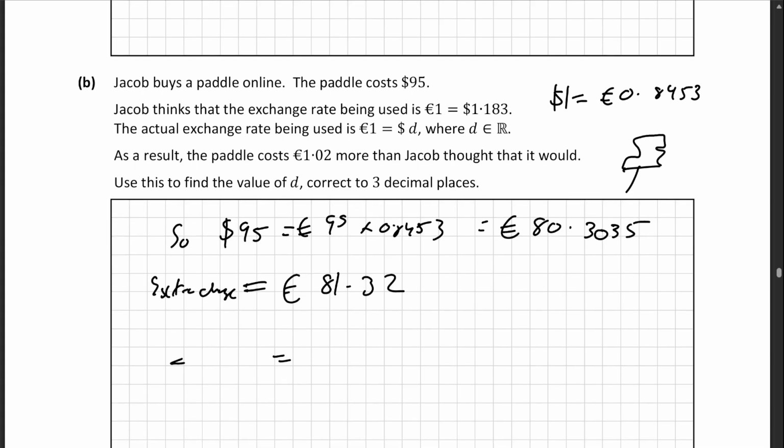I don't think I need to reconvert it into that currency anymore. So we could say that if we just let the actual cost in euro be X, then the actual cost of it in that new ratio is just going to be 95 over X. And we want that equal to the total amount with the extra charge.